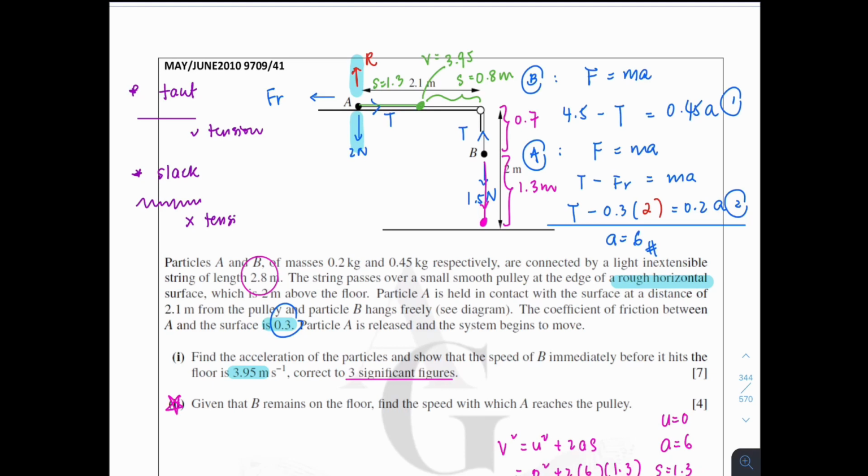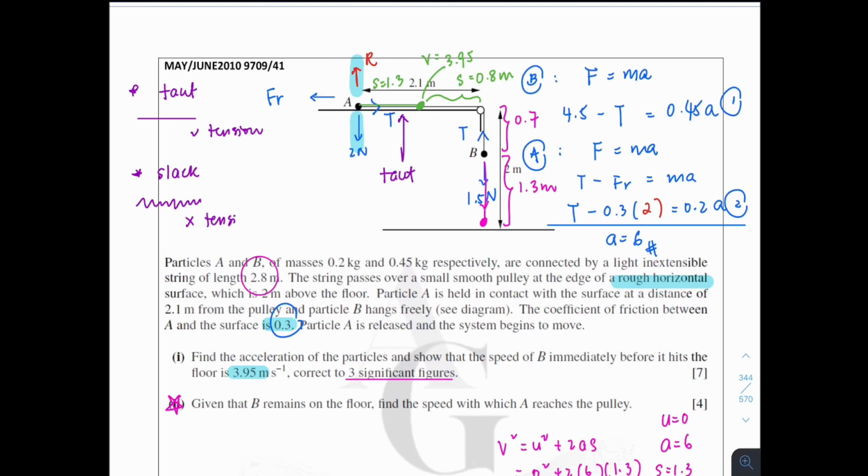Have a look at this question. Initially, A and B were connected by the string. For the first part, when B reaches the floor, A will travel the same distance to reach this position, and the string is taut.